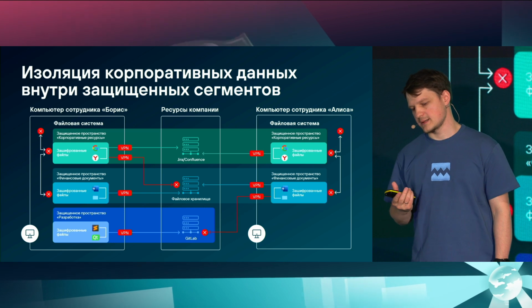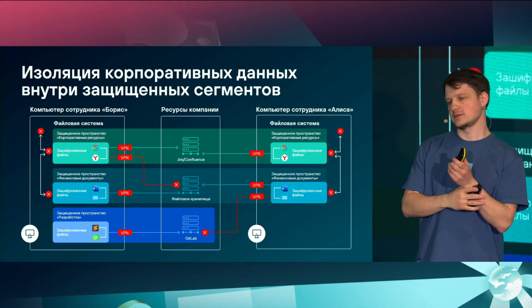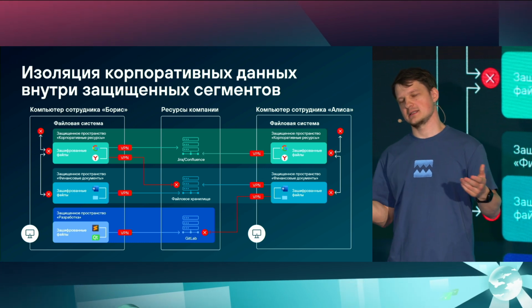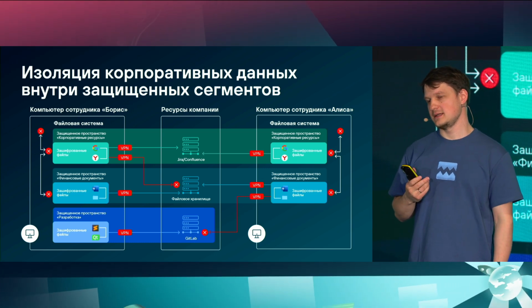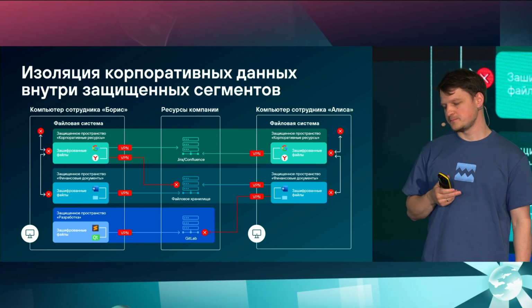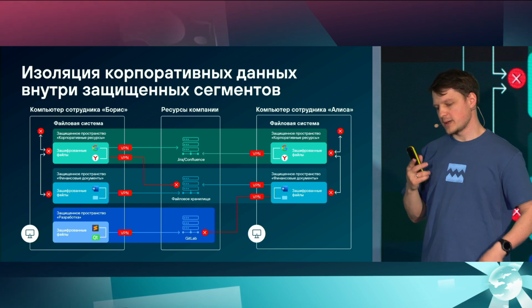For developers, it could be GitLab and different applications for development. So each group of users will work within their area, exchange data within their area, and they could not copy data from this environment to their computers.